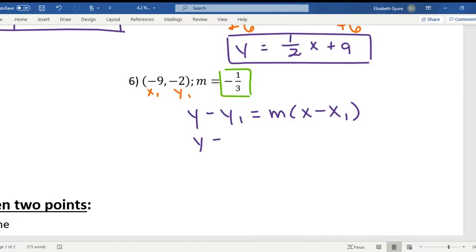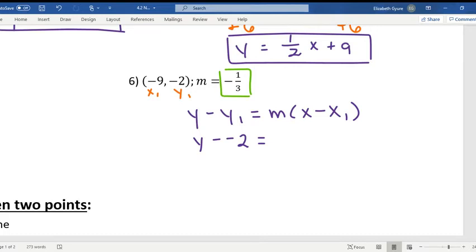Mason, what's your y1 value? So y minus a -2 equals m.